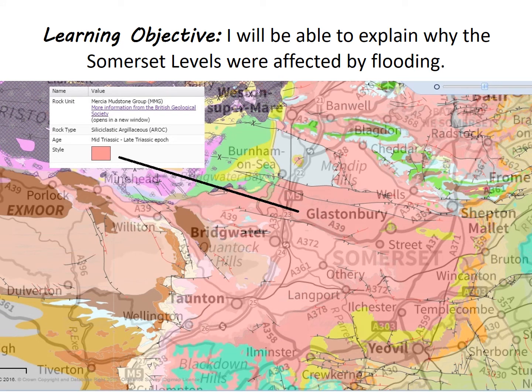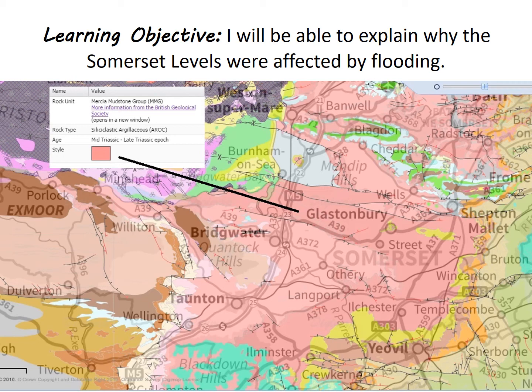Combined with that is the fact that if we look at this map here, which is quite a weirdly complicated looking map, essentially what this map is showing us is that all of the rock underneath these areas is something called mudstone. And mudstone, called siliciclastic argillaceous, you don't need to know that. I can't even say it, so you definitely don't need to know it. It's basically a very impermeable rock.